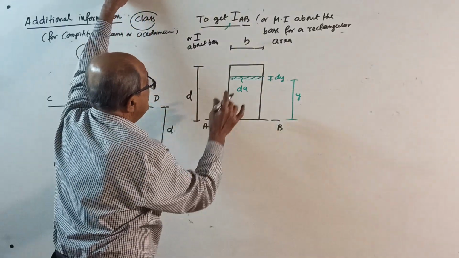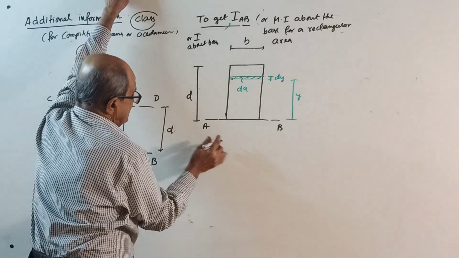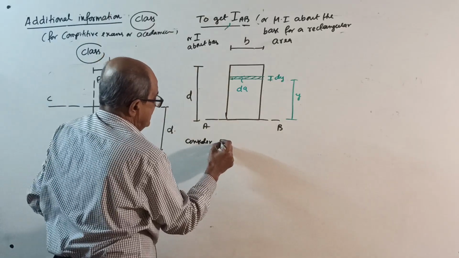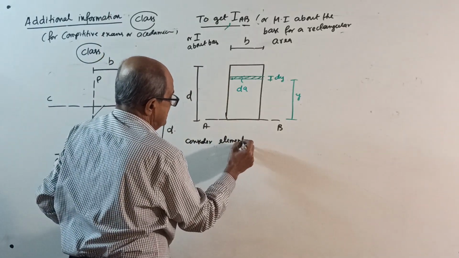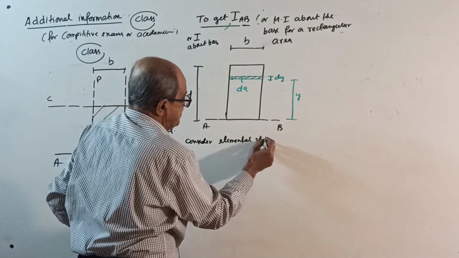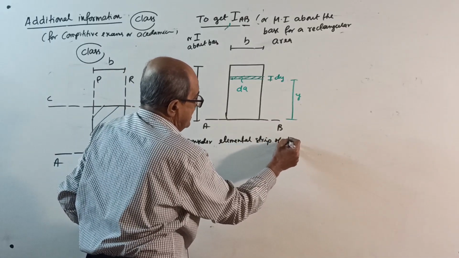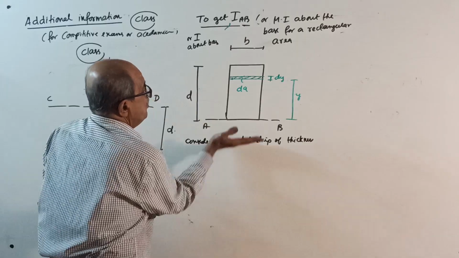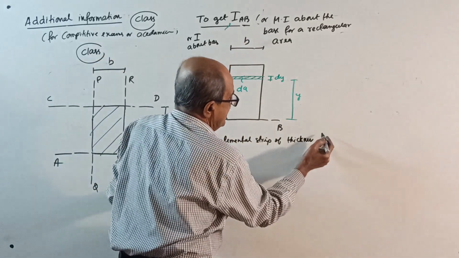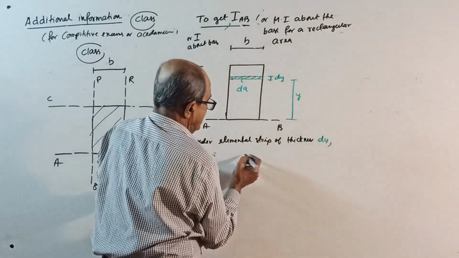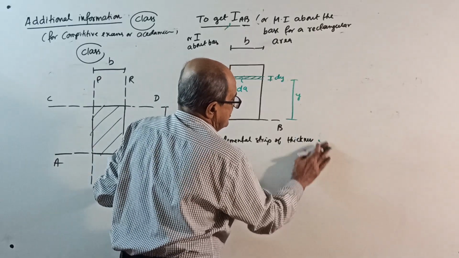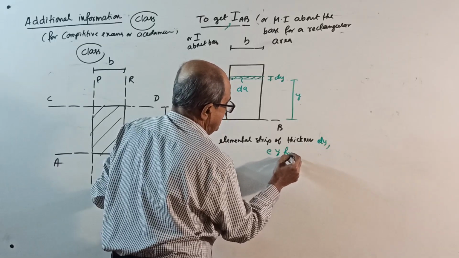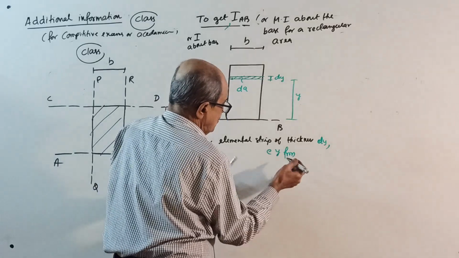See now, what to do? Statement you will write: consider elemental strip of thickness dy, at y from AB.